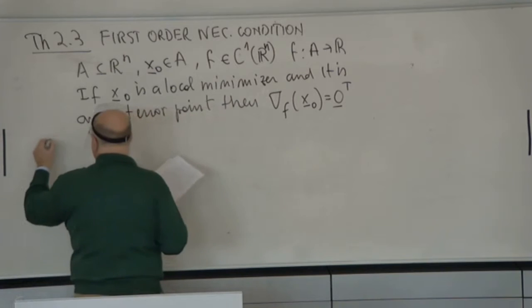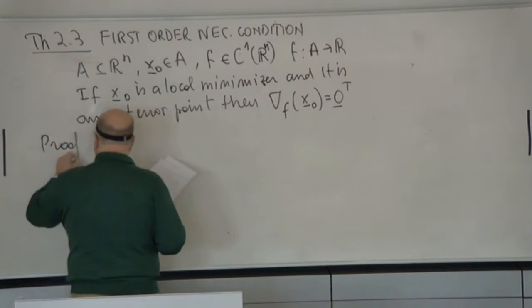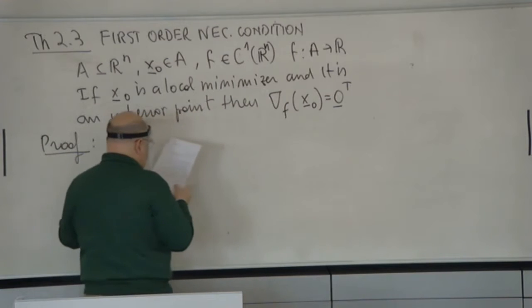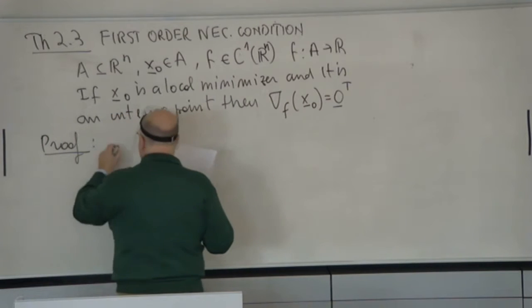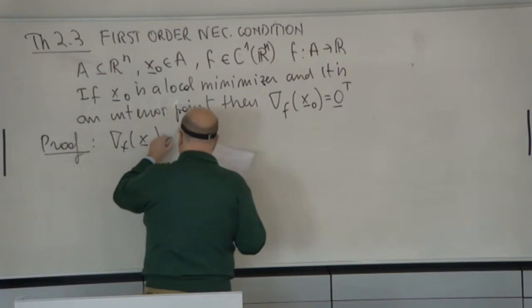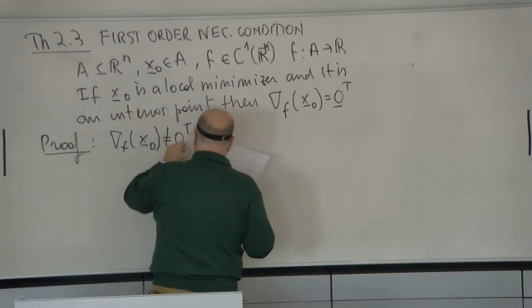Okay, so let's have a look at the proof. We suppose that the gradient of F at x0 is not 0.